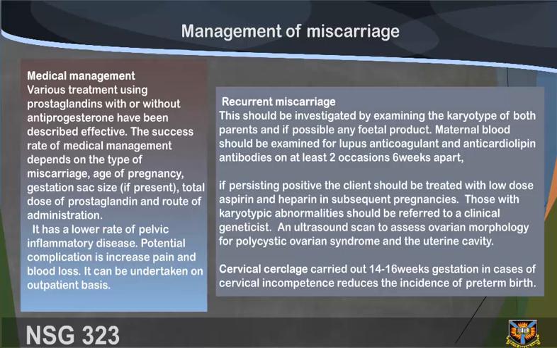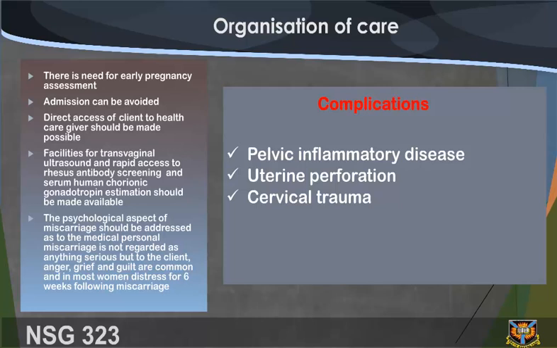An ultrasound scan to assess ovarian morphology for polycystic ovarian syndrome and the uterine cavity. Cervical cerclage, carried out at 14 to 16 weeks gestation in cases of cervical incompetence, reduces the incidence of preterm births. Organization of care.